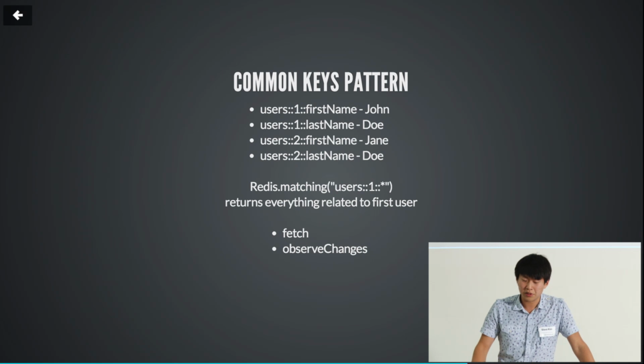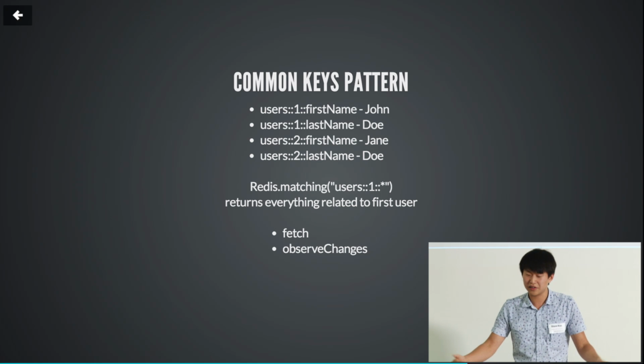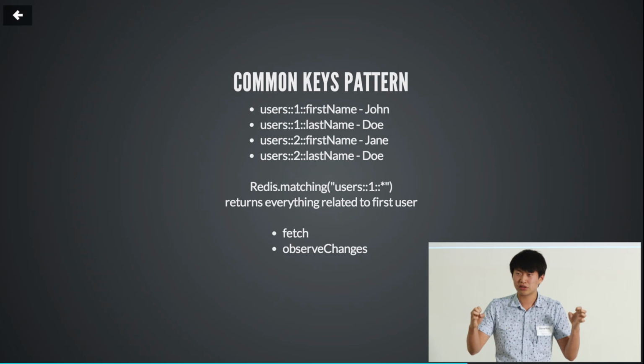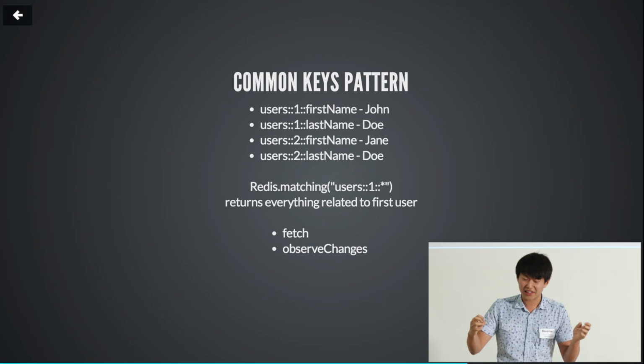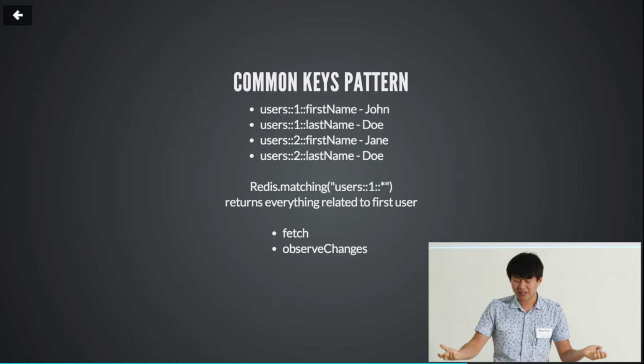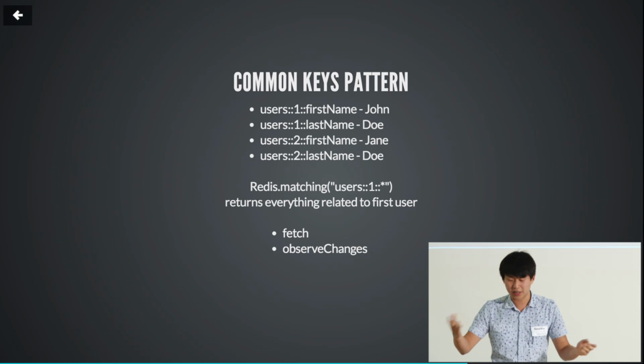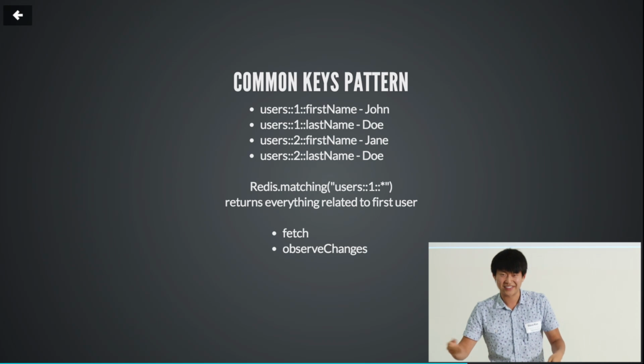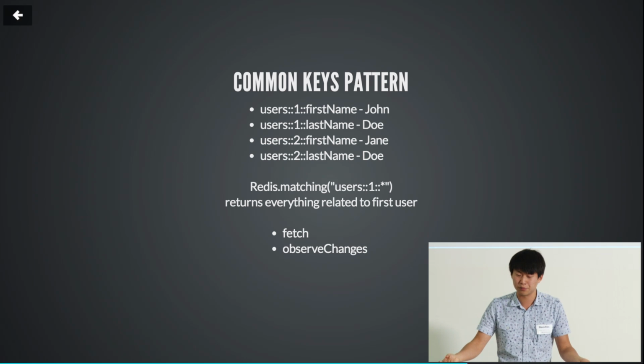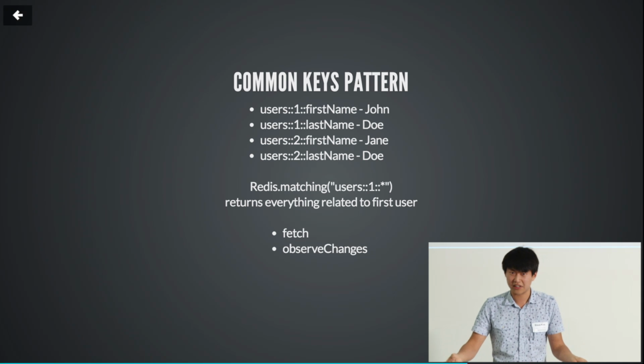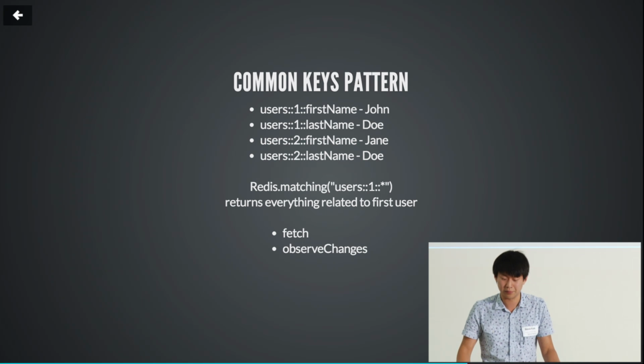So the common usage patterns for Redis, usually you have a bunch of keys, and since everything is flat key value store, you kind of structure your model inside keys. For example, you can have a key called users, :, ID of the user, : and then a field name. And then the value of this key value pair would be the actual value, as it would be in a Mongo document, for example.